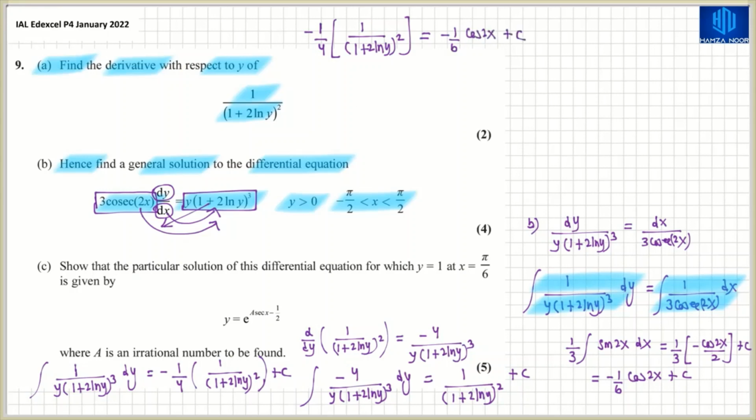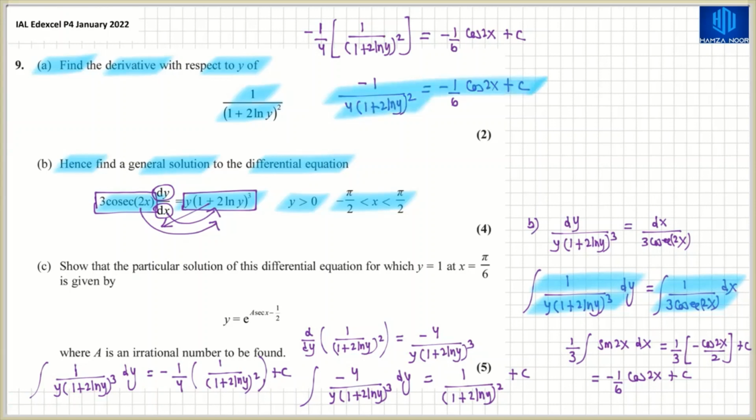So therefore, in this way, we are able to find the general solution of the differential equation, and our answer will be minus 1 divided by 4 times 1 plus 2 ln y whole squared, and this is equal to minus 1 over 6 multiplied by cos 2x and then plus c. This is supposed to be our answer to part B.